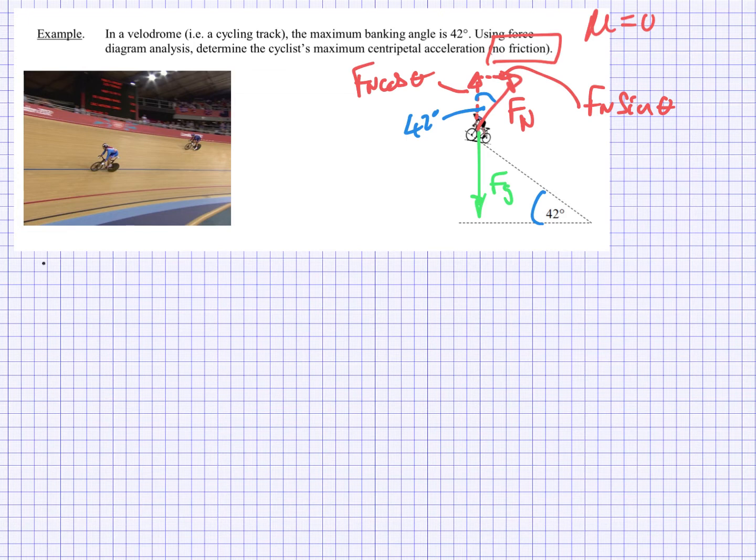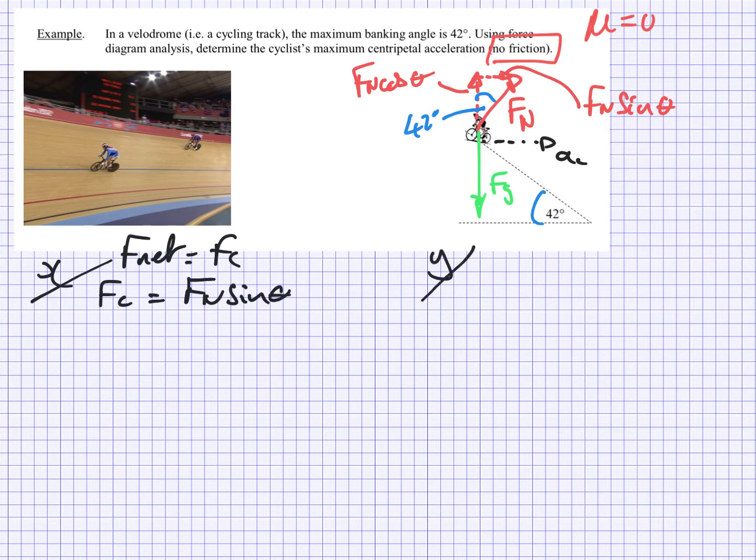So in our x analysis, we would say that the F net is the centripetal force, which gives us the center seeking direction, which is this way. This is the centripetal acceleration, and that's going to be equal to the Fn sine theta.